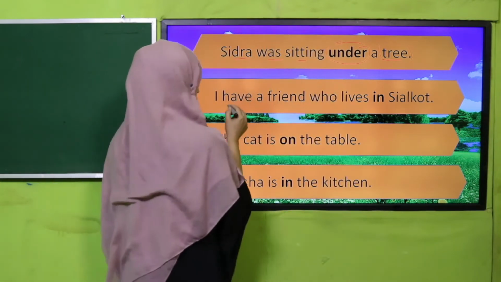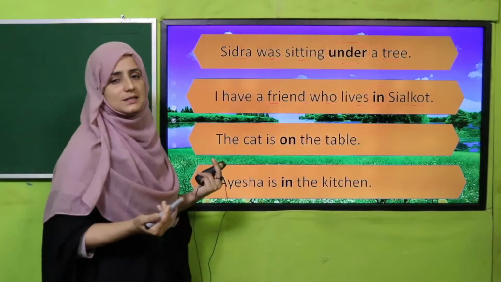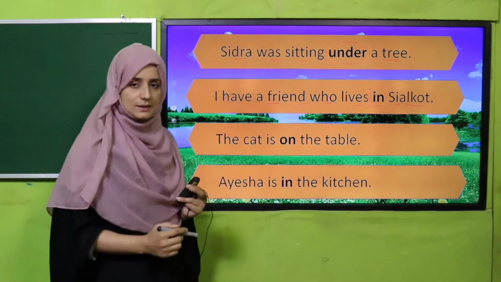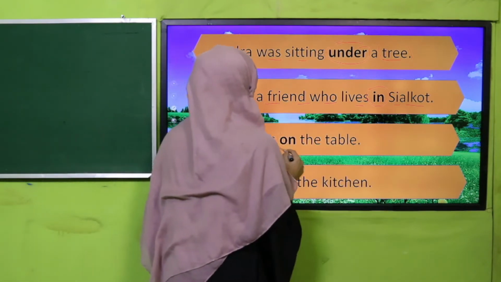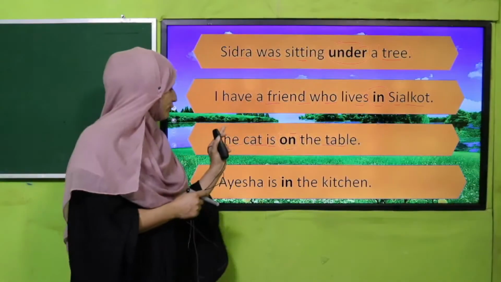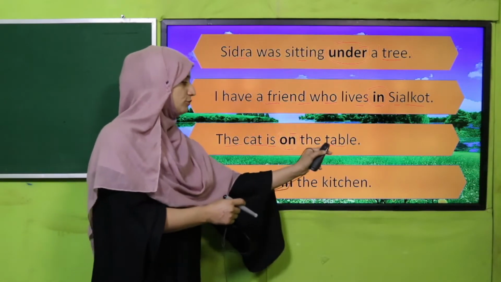Good. So next sentence, I have a friend who lives in Sialkot. So this is also telling us the position. Where does he live? He lives in Sialkot, and Sialkot is a place. Okay, have you got it? The next one is the cat is on the table. Okay, my dear students. Now this on is also telling the position of the cat and relation, with the other noun, with the table.